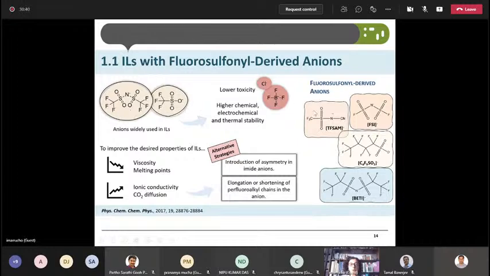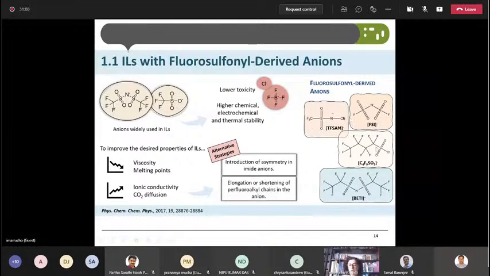So one of our collaborators tried to have the best of both worlds and combine several functionalities in the anion. For instance, in this anion here, we have a combination of a little bit of NTf2 and a little bit of cyanoamide. Here, I just have the fluorines.